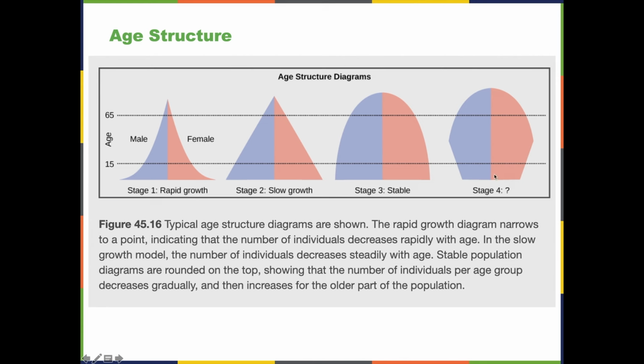So people aren't having as many babies as they used to, and the population is starting to age. That's usually a concern. So depending on the age distribution of individuals in a population, the population can experience either rapid growth, slow growth, stable, and probably a population decline if they don't reproduce as much.